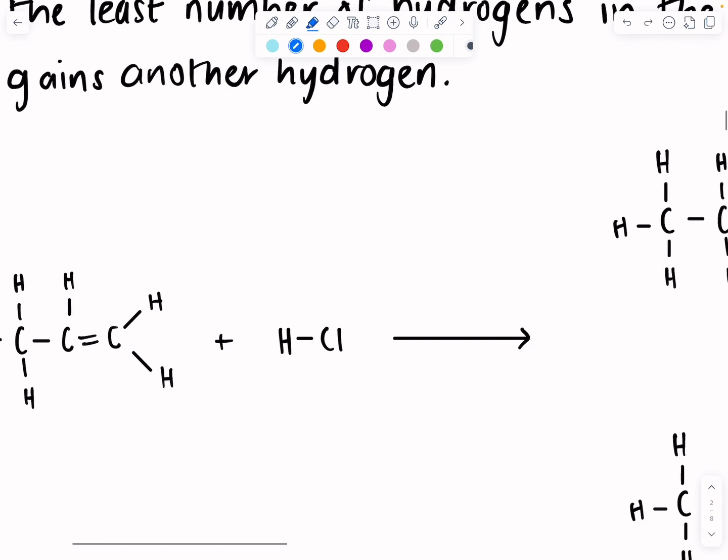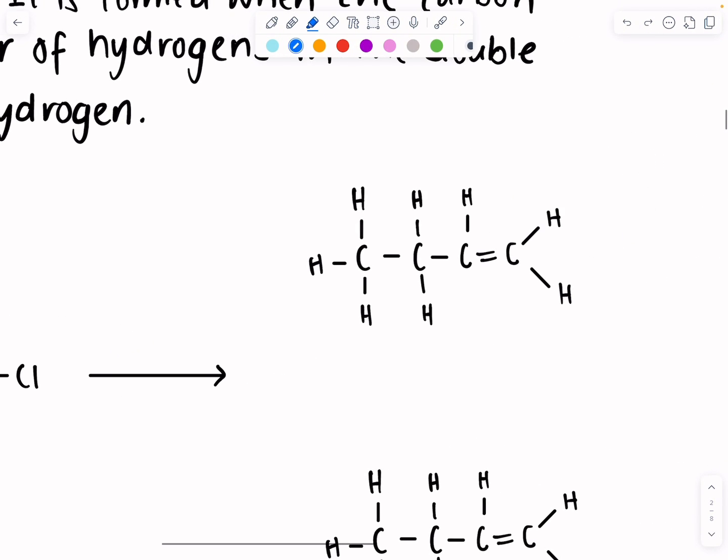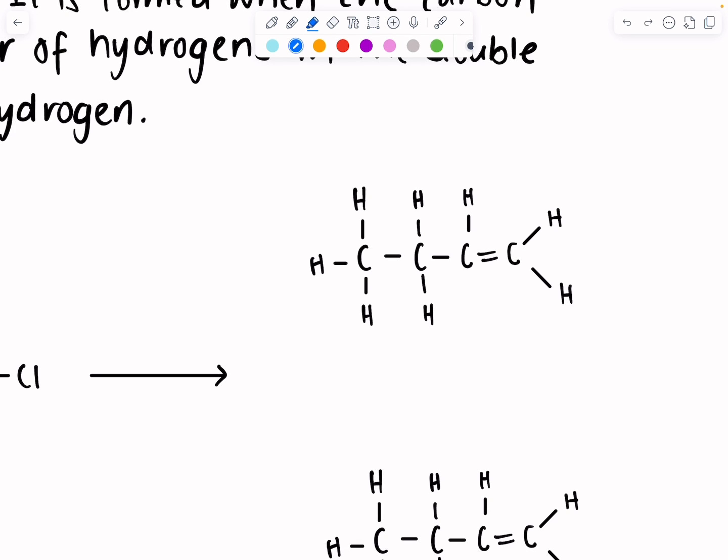When we take part in this addition reaction, the double bonds break open. This bond over here is going to swing out this way, and this bond will swing out this way. And so what's going to replace the double bond? A single bond, because carbon can bond with a total of 4 things. Let me just rearrange these so it's a little bit neater.